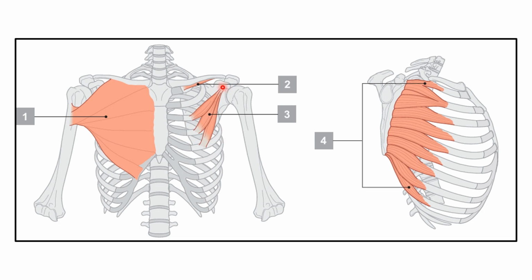So its action is protraction of the scapula. And this is the subclavius muscle. Its action is to pull the clavicle medially and stabilize the sternoclavicular joint. This is the sternoclavicular joint. And this is the serratus anterior muscle, supplied by the lower thoracic nerve, and its function is protraction and rotation of the scapula.